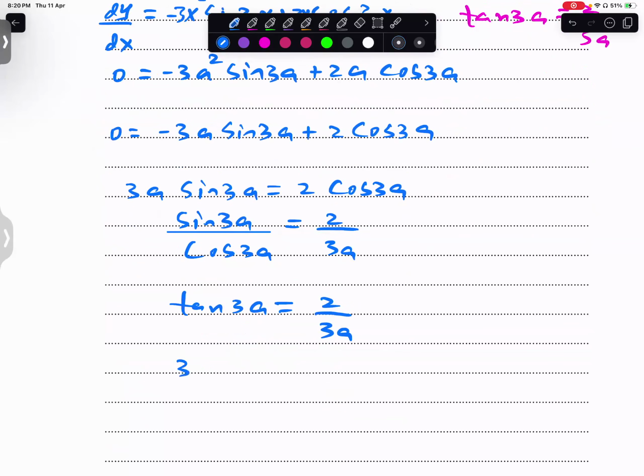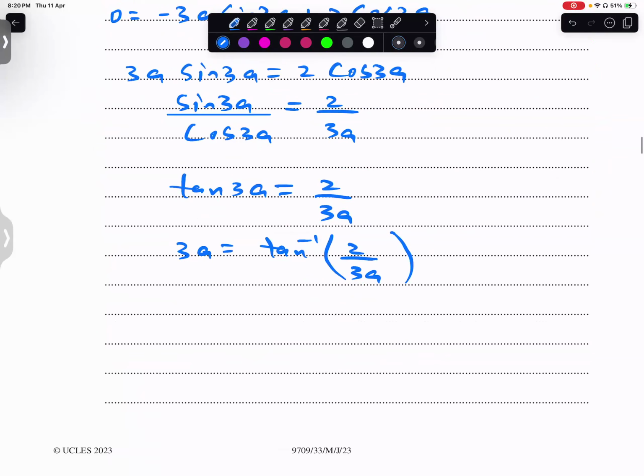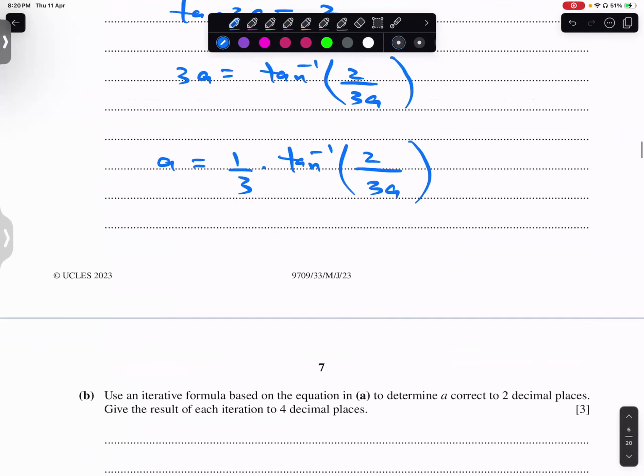Then 3a is equal to tangent inverse of 2 by 3a. Make a the subject to get the required form. So a is equal to 1 over 3 tangent inverse of 2 by 3a. This was the required form.